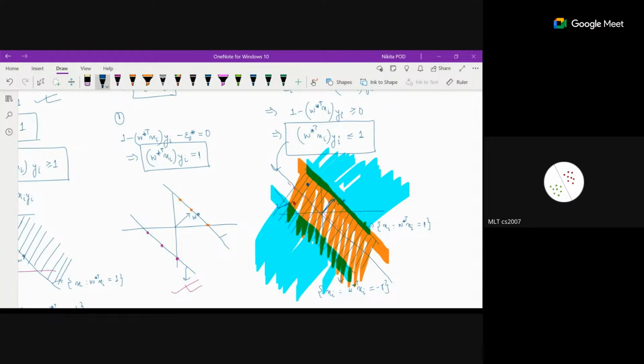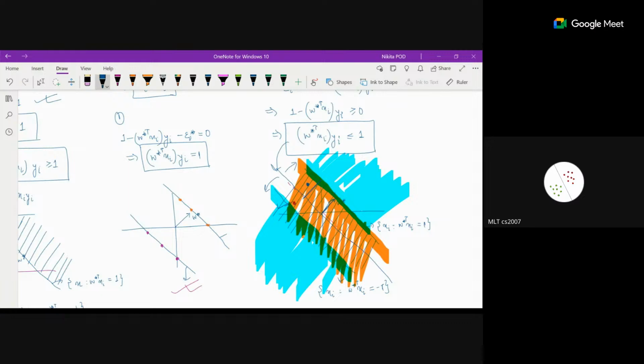Since this is my decision boundary, any point on the right side of the boundary is going to be classified as +1. Anything on the left side will be classified as -1. So there will be points which are correctly classified, but not with enough margin, because we were looking for at least this margin, right? So these are important points, classified correctly, but not with enough margin.